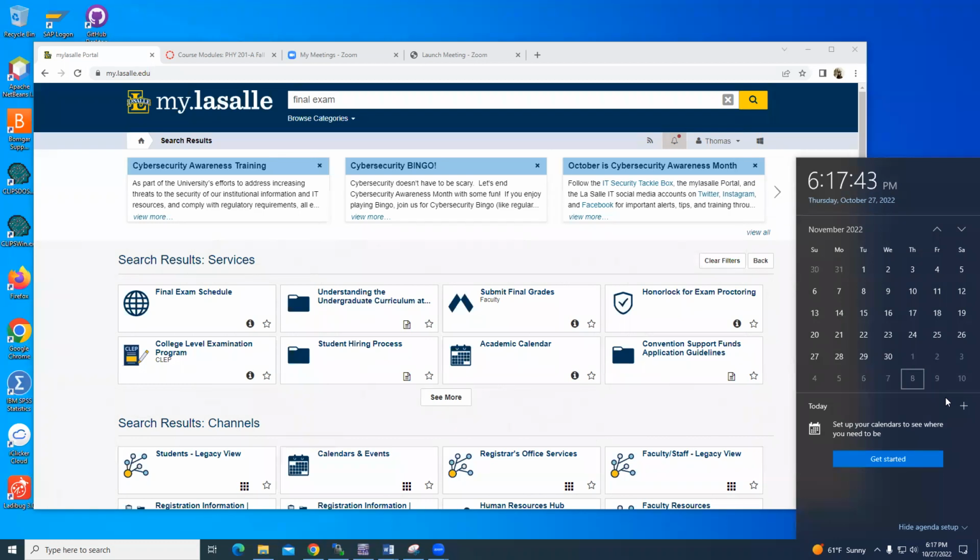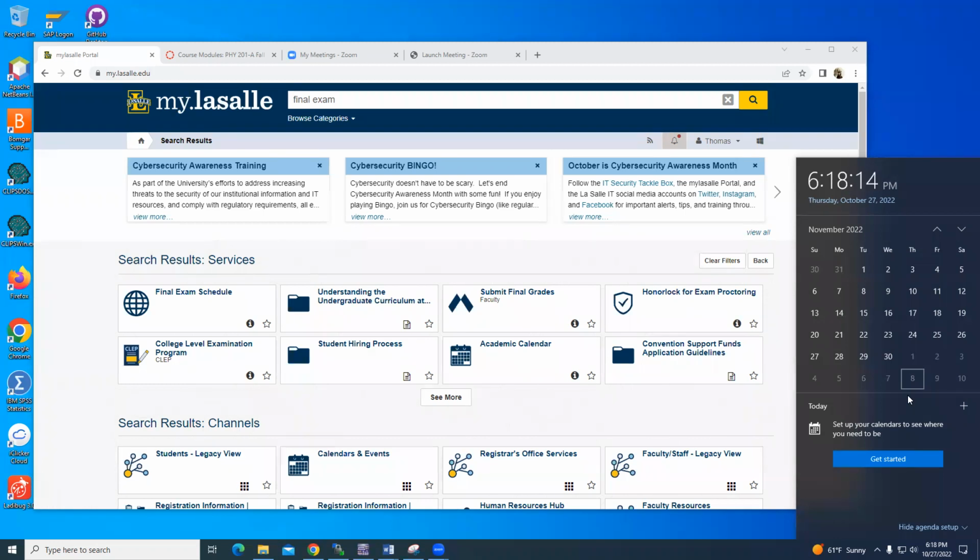And then in the evening program, the finals are on the night that you meet. So December 15th would be test 3 on units 9 through 12. So that's what's coming up.